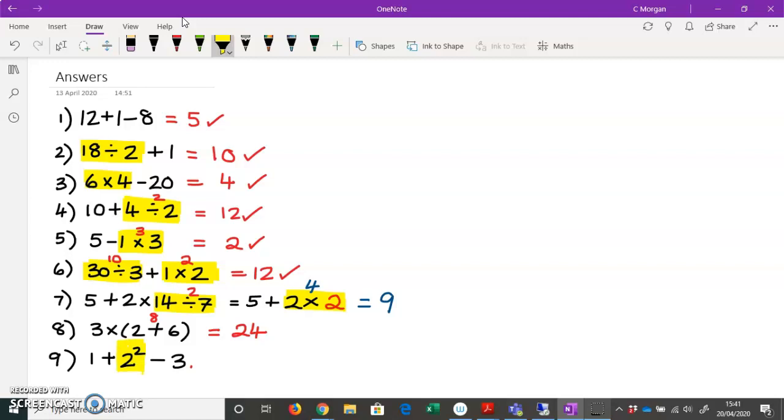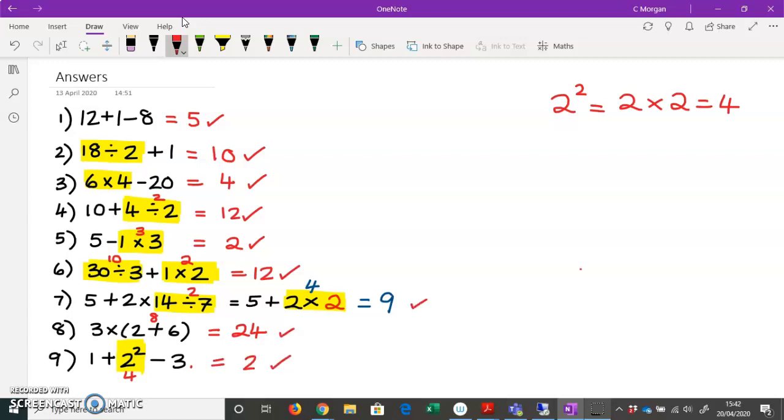So if I see a number that's raised to a power, I have to do that first. 2 squared means 2 multiplied by itself, which is 4. So I know that 1 add 4 is 5, subtract 3 is 2.